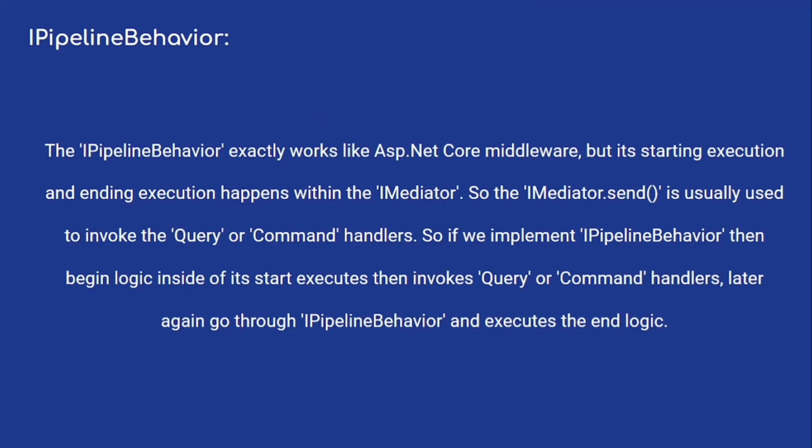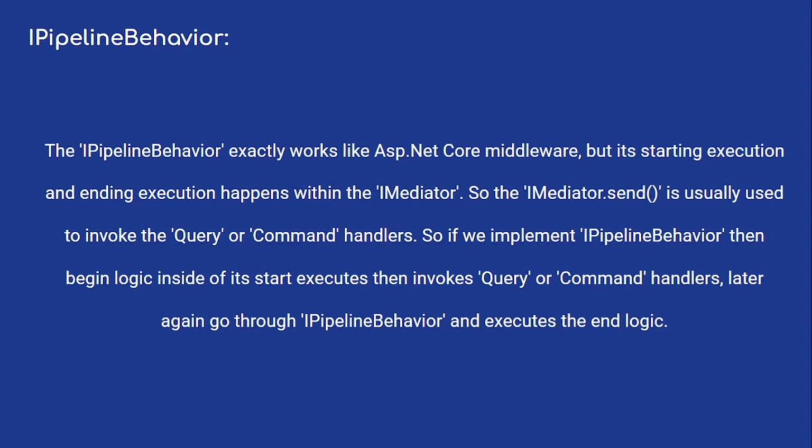So what is the IPipelineBehavior interface? The IPipelineBehavior works exactly like ASP.NET Core middleware. It similarly works like ASP.NET Core middleware, but its starting execution and ending execution happen within the IMediator. ASP.NET Core middleware always executes first, right?